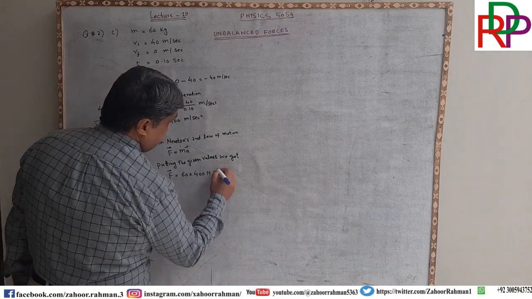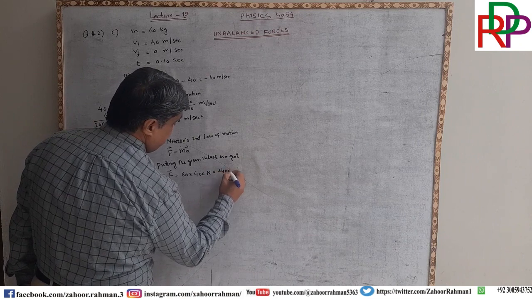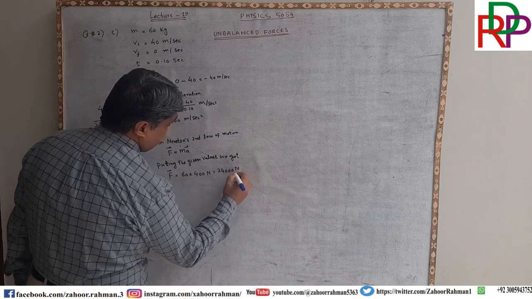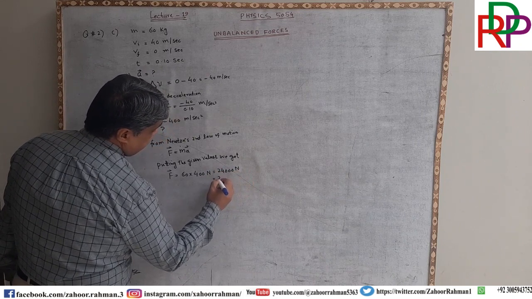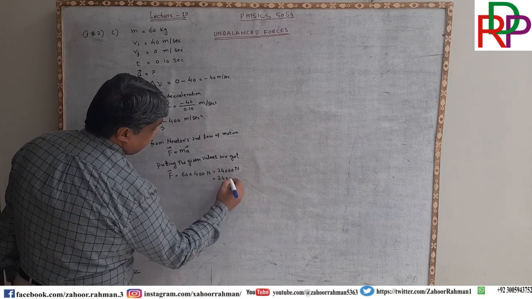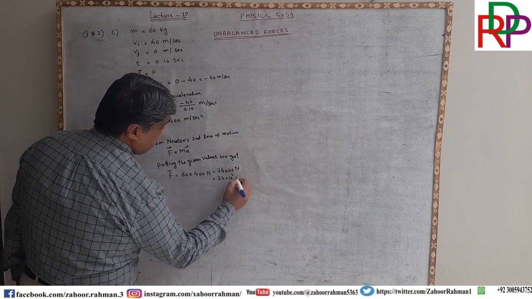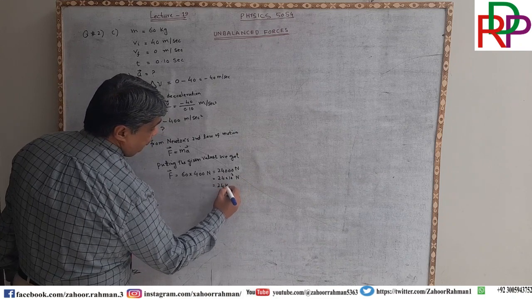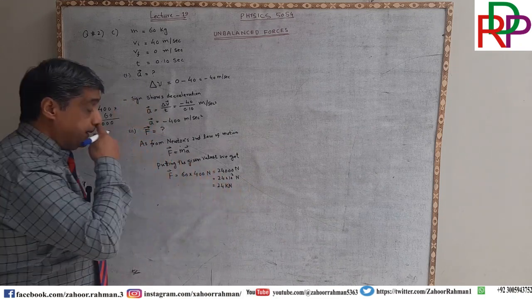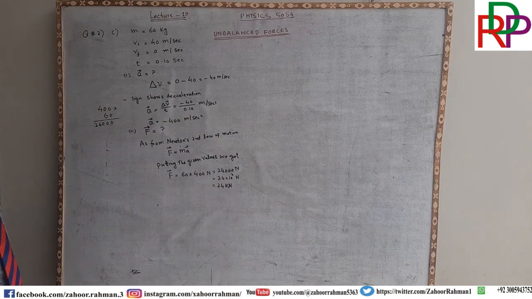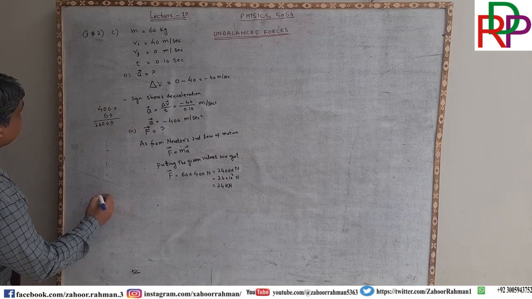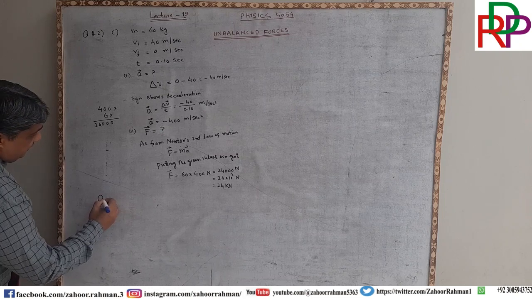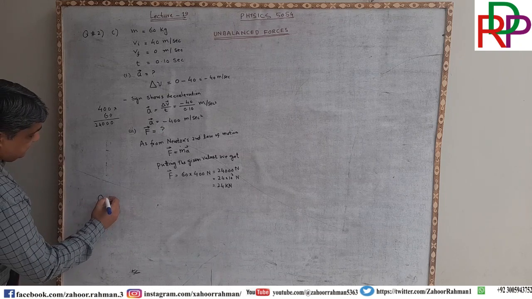So it means that it will be 24,000 Newton, and we can write that as 24 times 10 raised to the power 3 Newton, or 24 kilonewton. So this is the answer of part number 2 of part C.